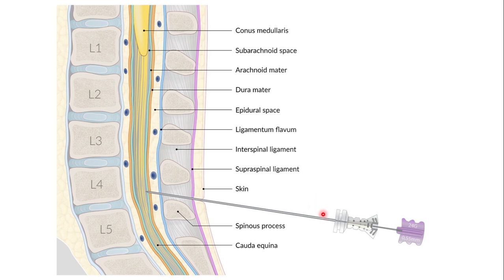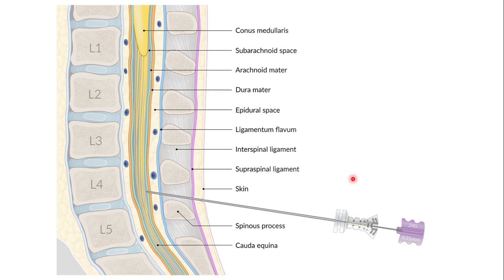So in some instances, we have to insert a needle and take a sample of the cerebrospinal fluid, or CSF, and then analyze it and look at its cells and know what caused this CNS infection, whether it's bacterial, viral, etc. So to do that, we need to insert a needle at a specific point. We need to be aware of the specific point at which we insert the needle, okay?